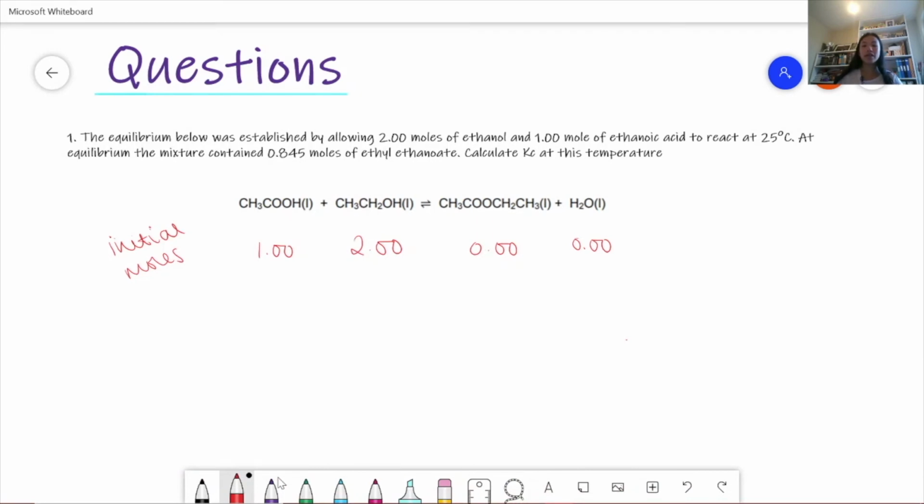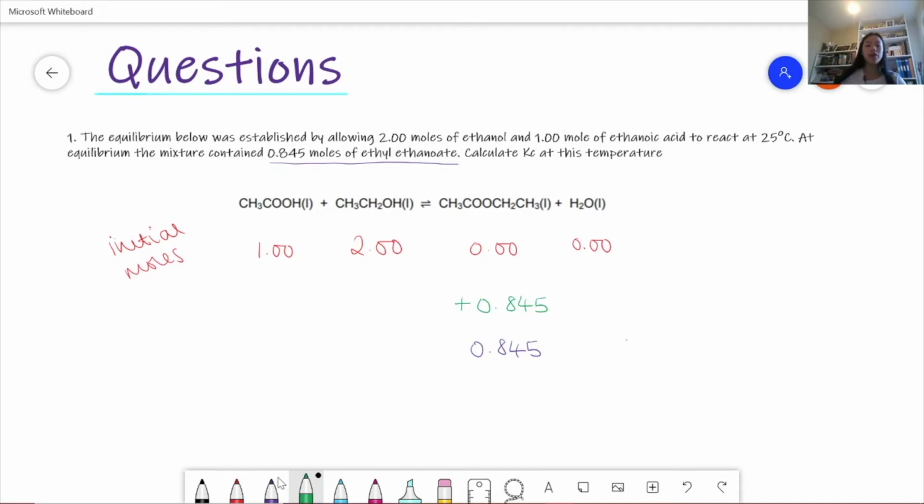So we know that 0.845 moles of ethyl ethanoate was in the equilibrium mixture. So we have 0.845 of this in the equilibrium mixture. And so the difference here is that it's gained 0.845 moles. And now we have a look at the ratios between this ethyl ethanoate and everything else. And it looks as though it's a 1-to-1 ratio for everything. So that makes our job quite simple.